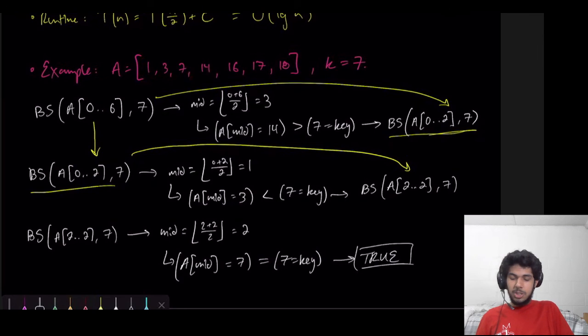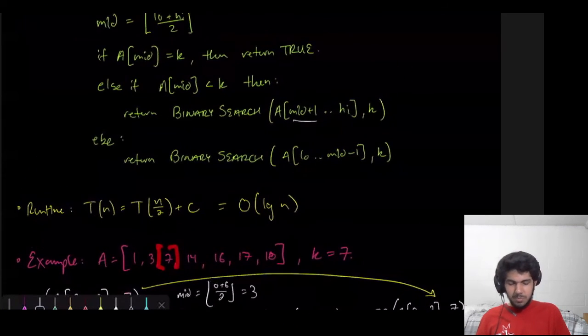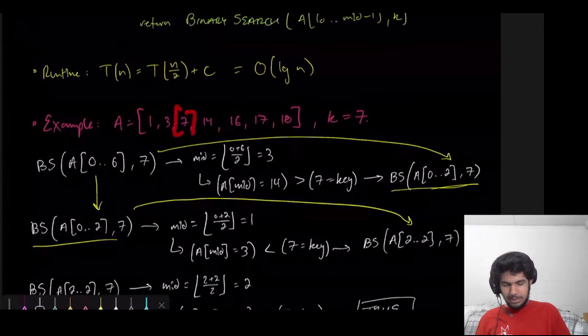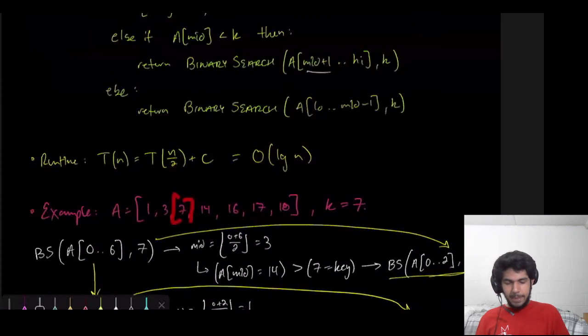Then we would find our new mid, which is 3, and 8 is greater than 3, so we would have to explore the right subarray, which is this. Then we would get 7, we would look here, and that's not equal to 8. So we would explore the right subarray. This is binary search on 2 to 2. This is what we did right here.